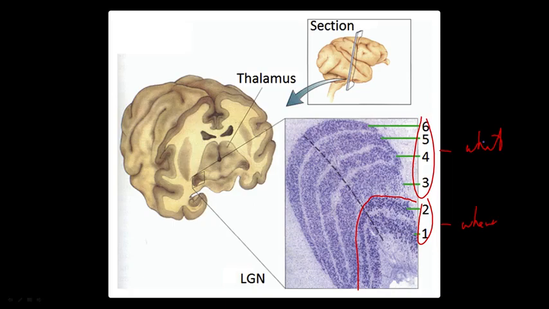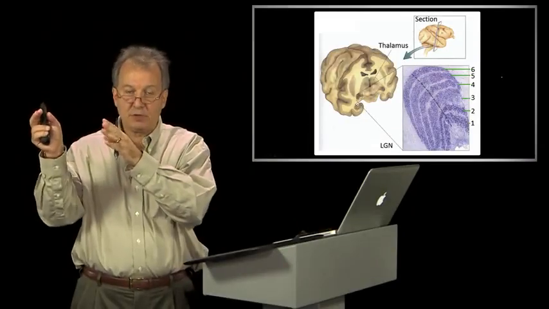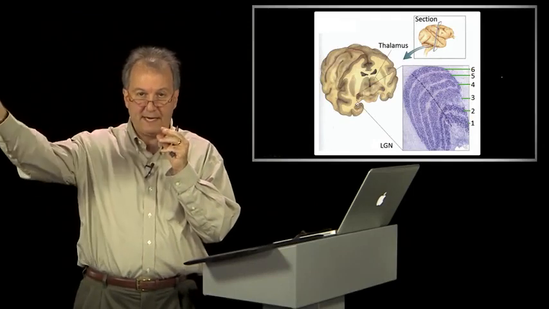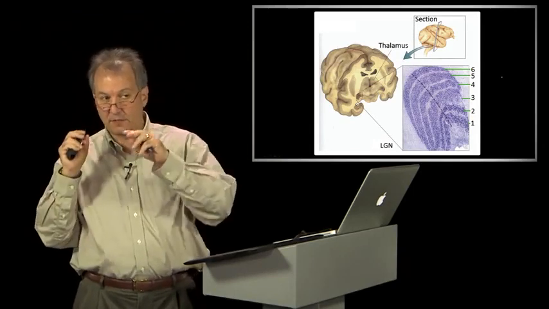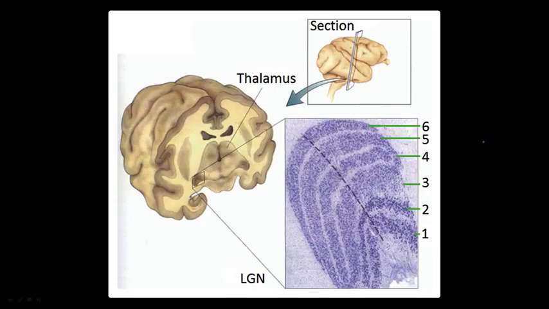The other thing to know is that both eyes project to the left side for whatever's looking at the right half side of the visual field, and both eyes project to the right side from what's looking at the left-hand side of the visual field. Well, you can see that explicitly in the lateral geniculate. Layers 1, 4, and 6 come from the same side eye, and layers 2, 3, and 5, did I get that right?